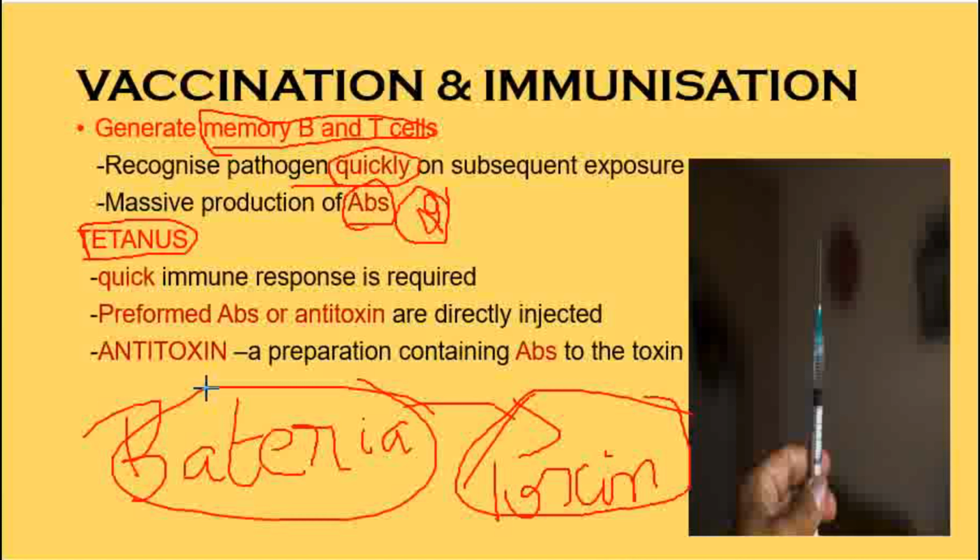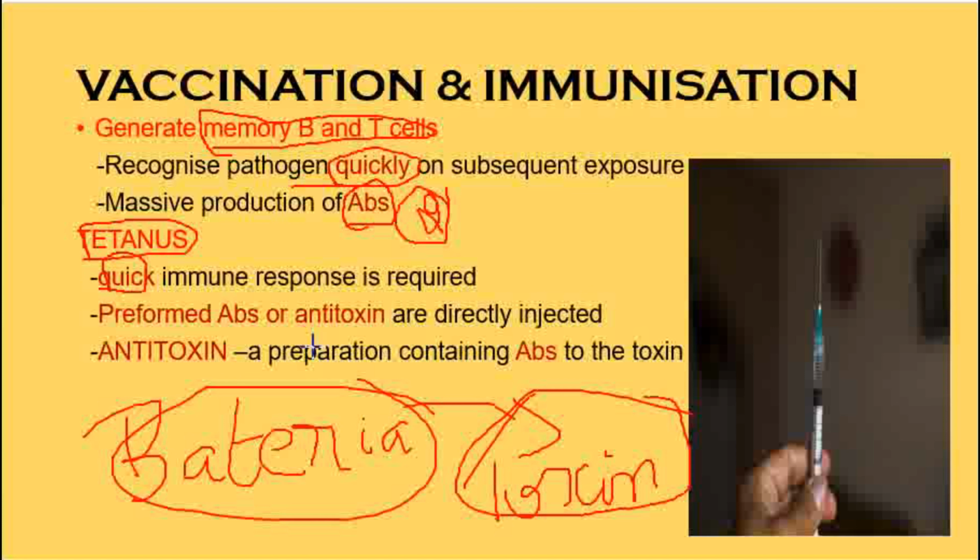Since this is a deadly microbe, we need a quick immune response. We can't wait for our body to first identify the bacteria and slowly produce B and T cells. We need the response to be quick. We can't wait for our body to produce the antibody.